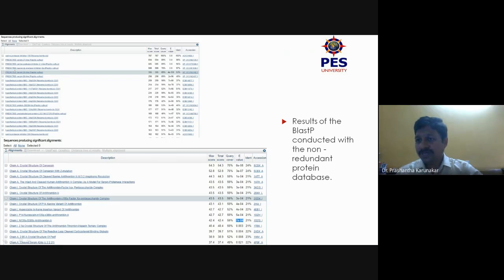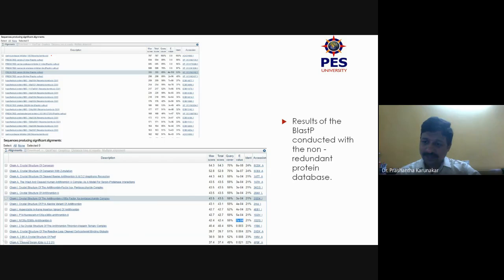But most of the related proteins from the BLAST result are predicted hypothetical proteins, so we do not have a higher confidence in saying. There is one which has the same sequence, 100% identity, but almost all are serine protease inhibitors from different organisms, and they are not curated, they are hypothetical.